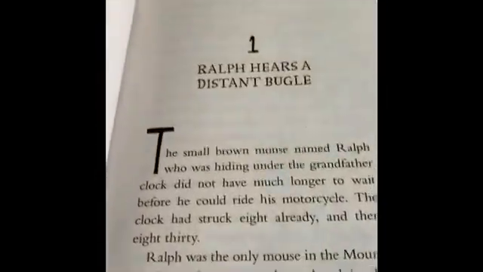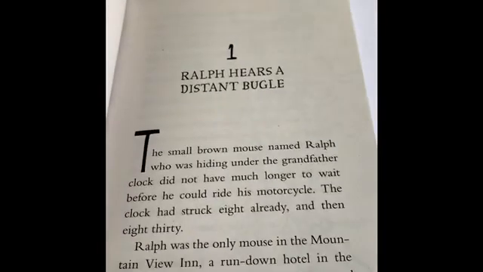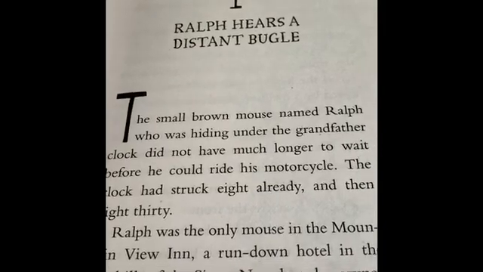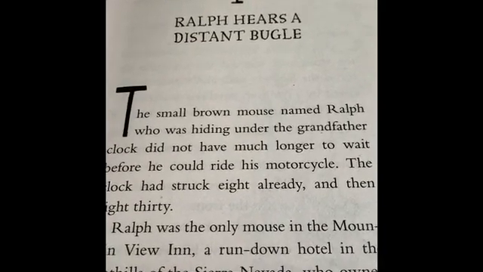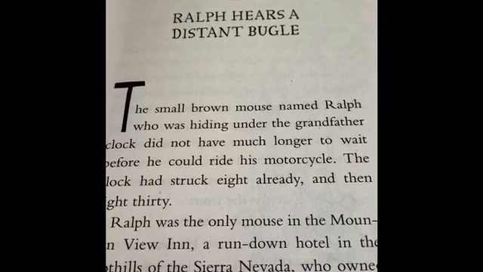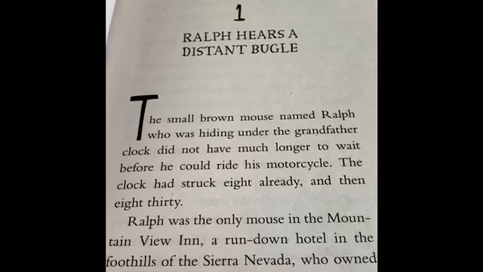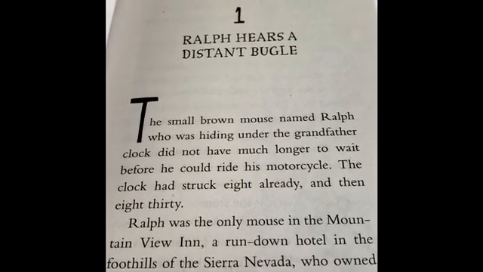Now, a few things I want to encourage you about in reading the first 11 pages. You will read about Ralph, and you will read that this story is going to begin taking place at a hotel. That is the setting at first.